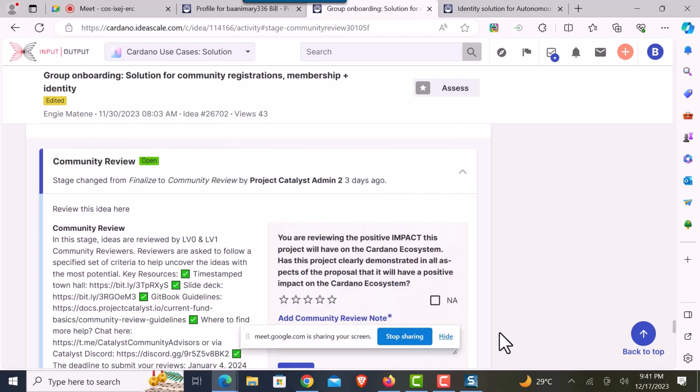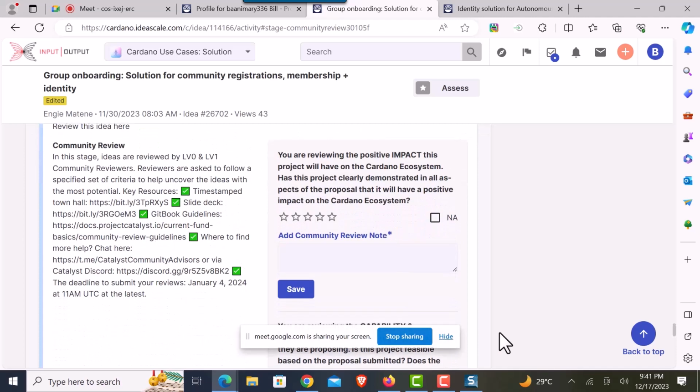Okay, so we are going to review the proposal under three criteria: we have impact, we have feasibility, and we have auditability.